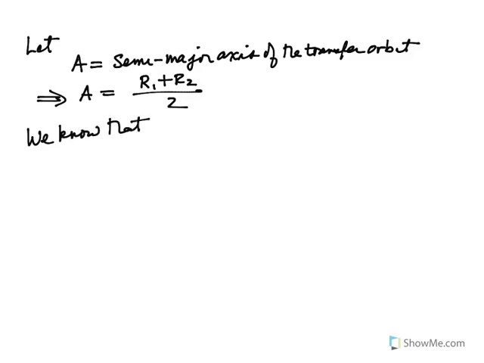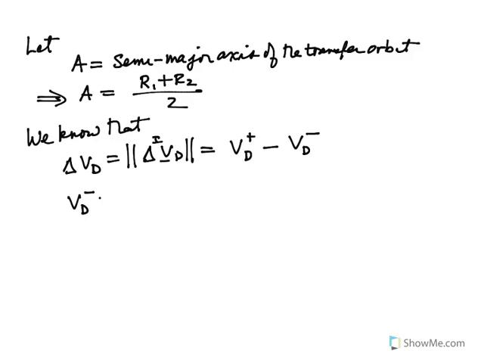We know that the magnitude of delta VD is equal to VD plus minus VD minus. Now VD minus is equal to the square root of mu s all divided by r1.